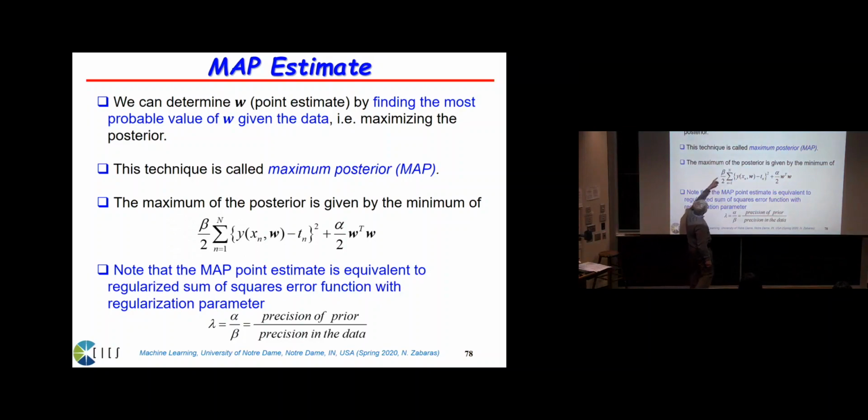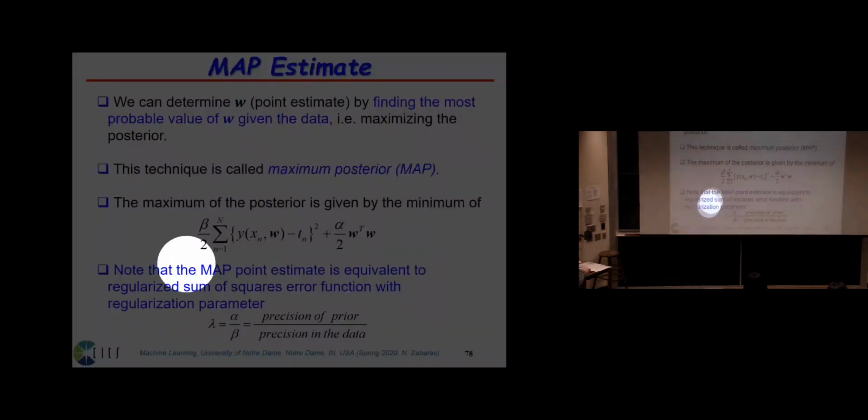From where did beta in this term come? It comes from the likelihood, right? Beta is the precision, so it's there. Where does this other term come from? It comes from the exponential in the Gaussian for the prior. So you're looking now to find the MAP estimate, a W that minimizes this.